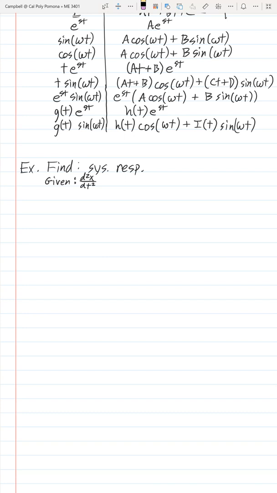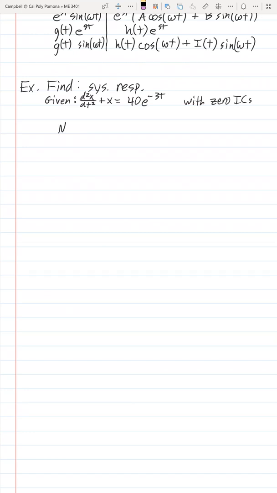And so since we already talked first order, let's go to a second order. So we have d squared x dt squared plus x is equal to 40 e to the negative 3t. And here we'll have 0 initial conditions. So we'll have 0 ICs.